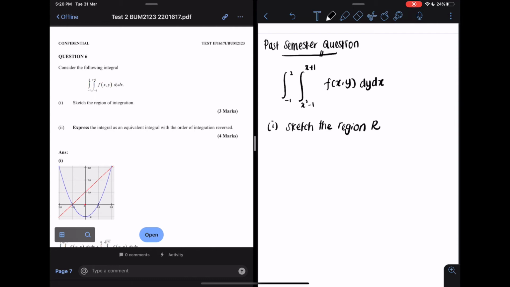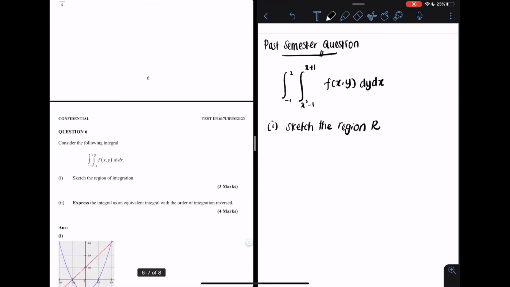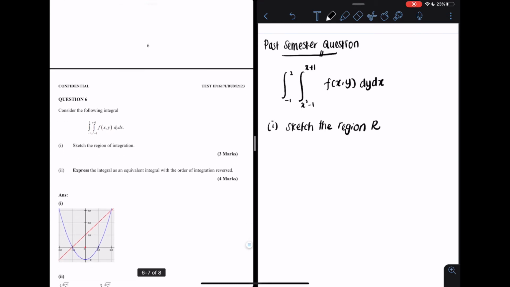Okay, so right now let's take a look at a past semester question, and this question is taken from test 2, 2016-2017 semester 1. Let's take a look at this question where the author asks you to sketch the region R based on the limits given in the question.